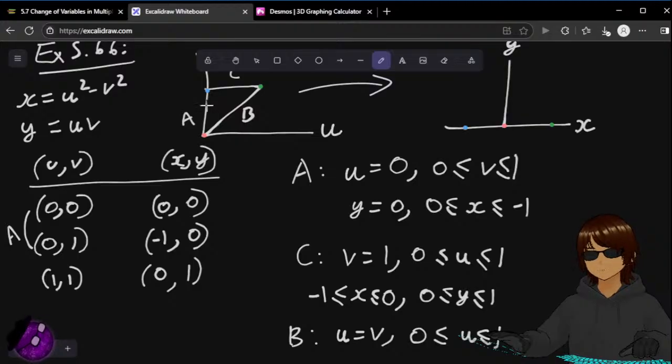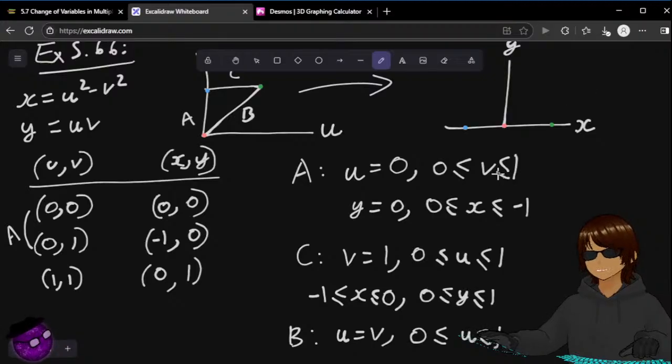But I don't think it goes linearly, because it's like u squared minus 1.